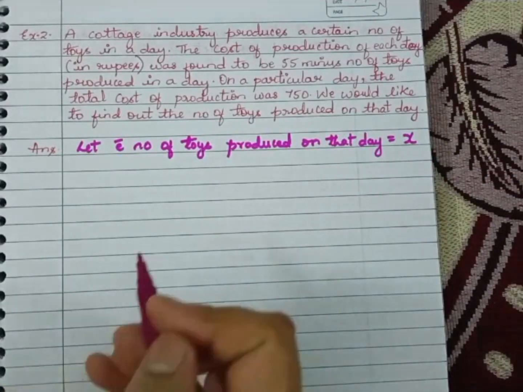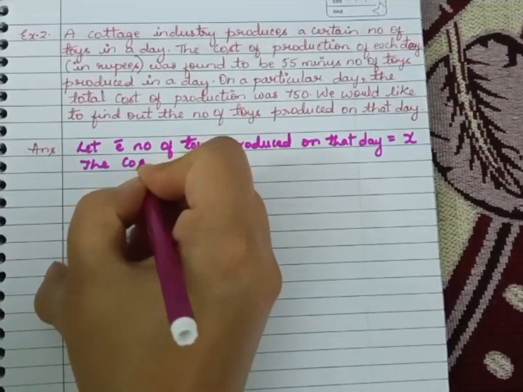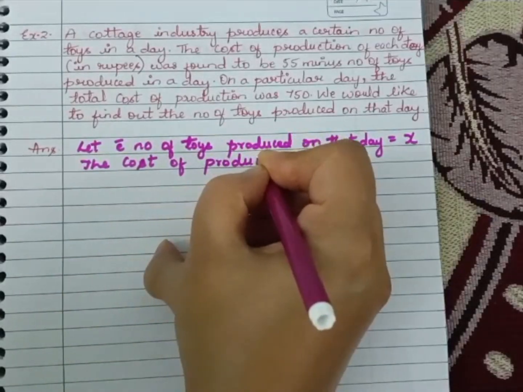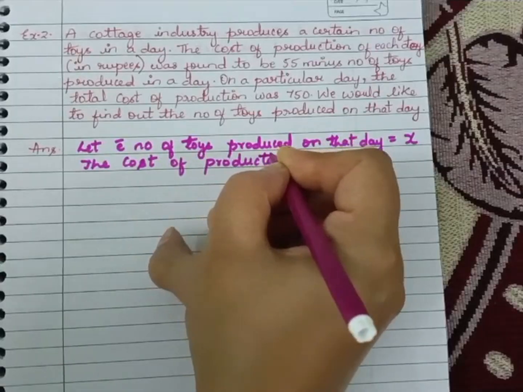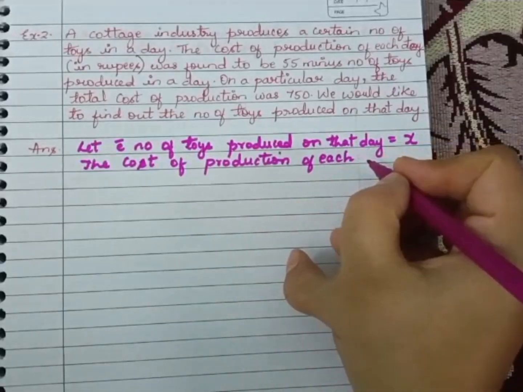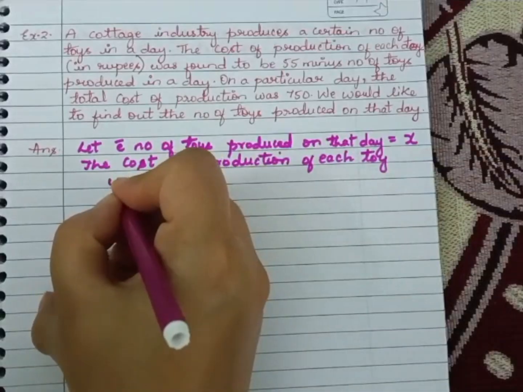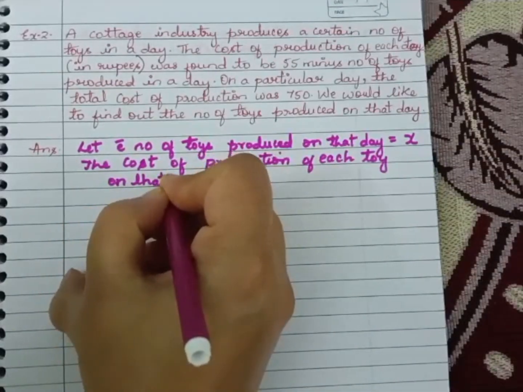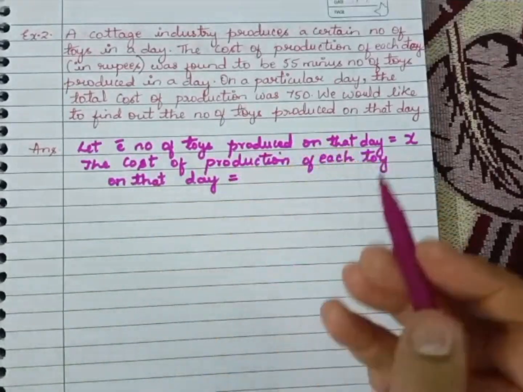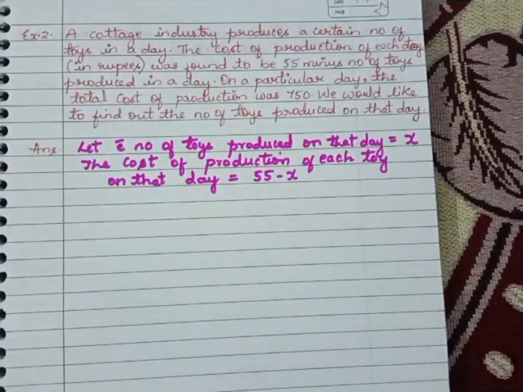Okay, now the cost of production of each toy on that day be 55 minus x.